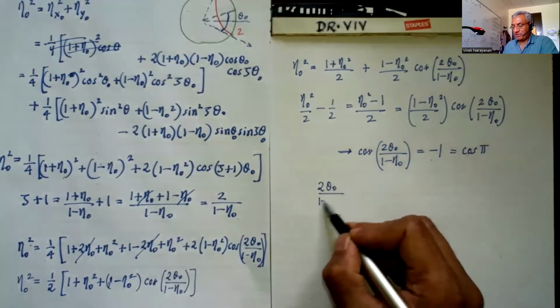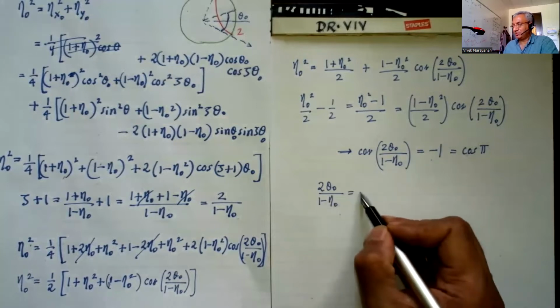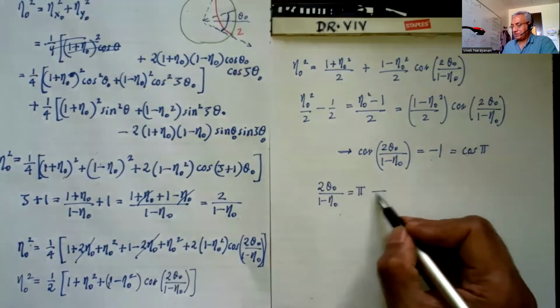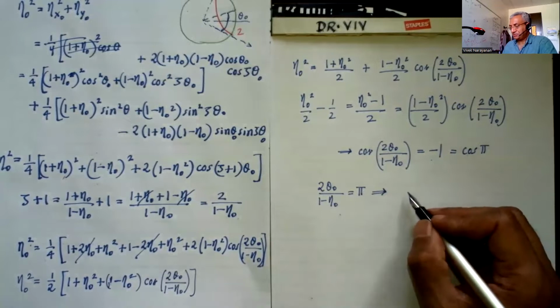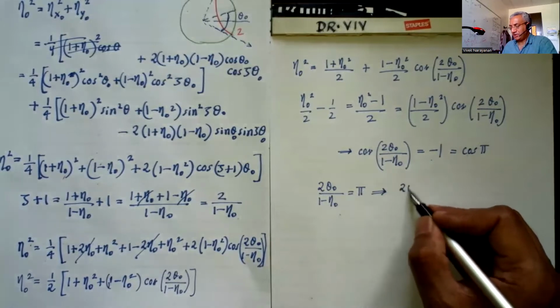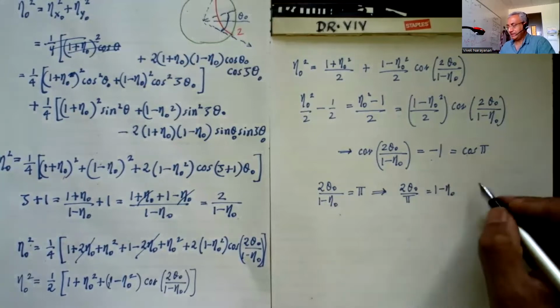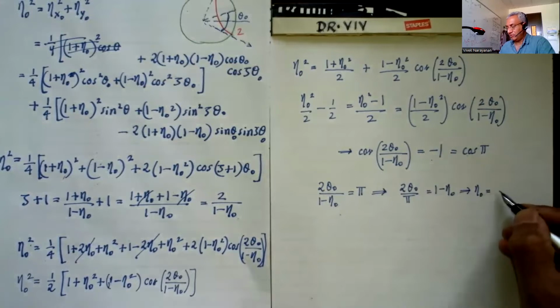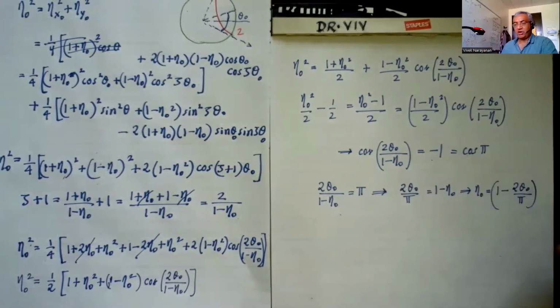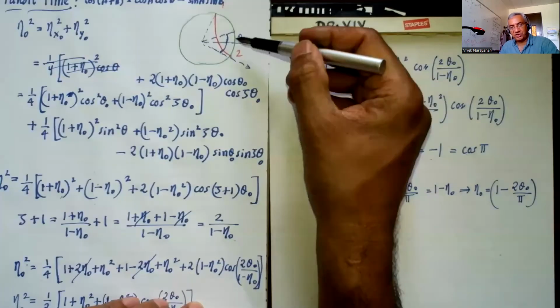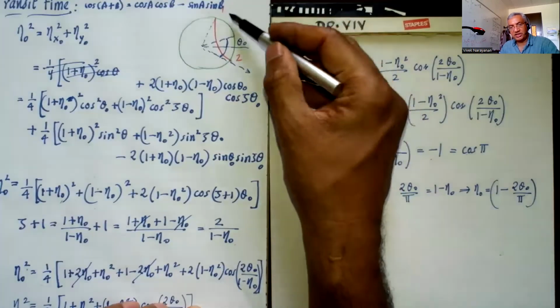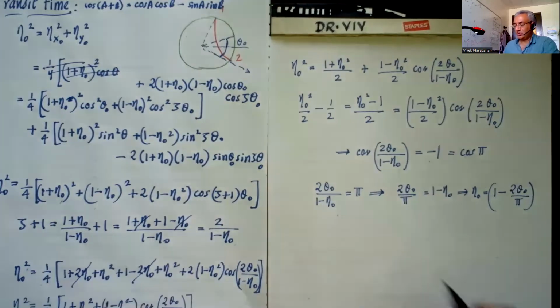2 theta naught over 1 minus eta naught is just equal to pi, which means that 2 theta naught over pi must be 1 minus eta naught, and eta naught, therefore, must be 1 minus 2 theta naught over pi. Now, theta naught is half the angular distance between New York City and Los Angeles.